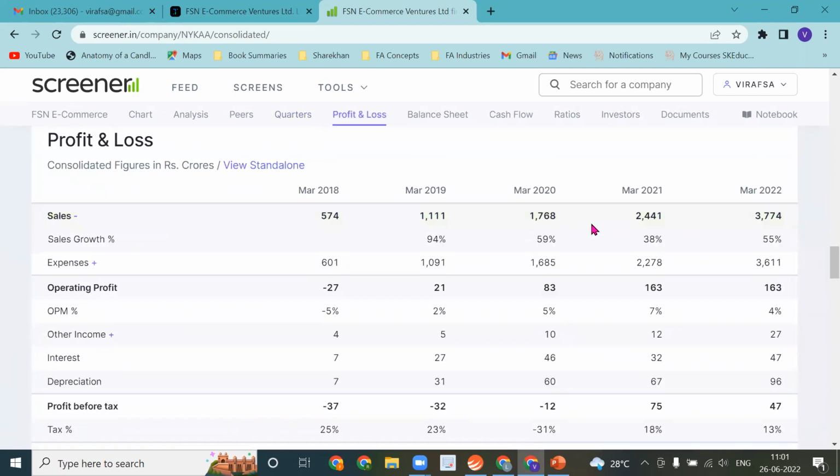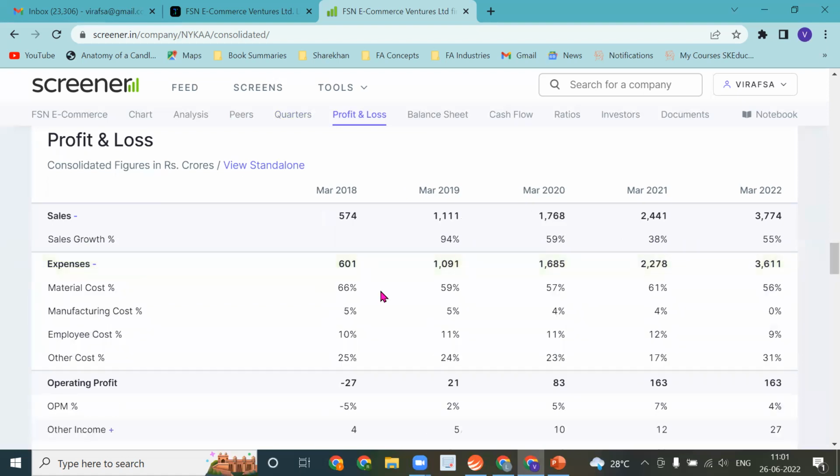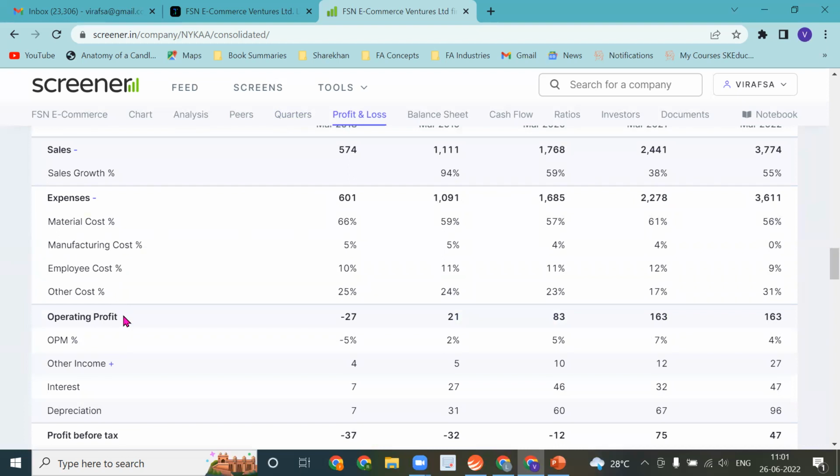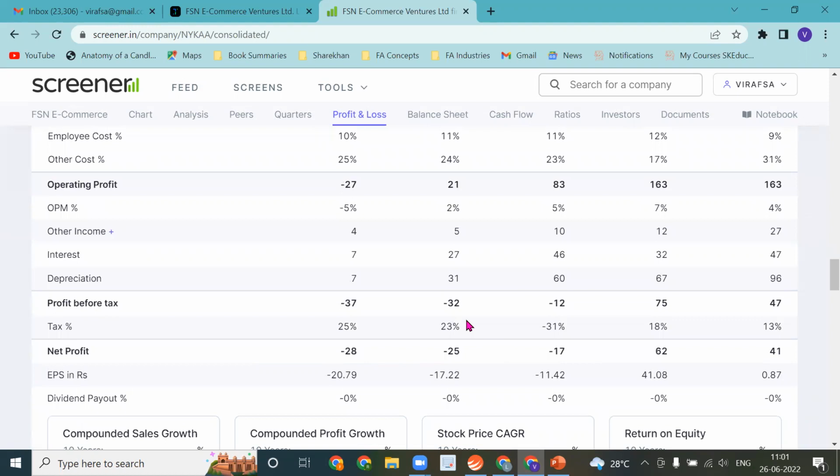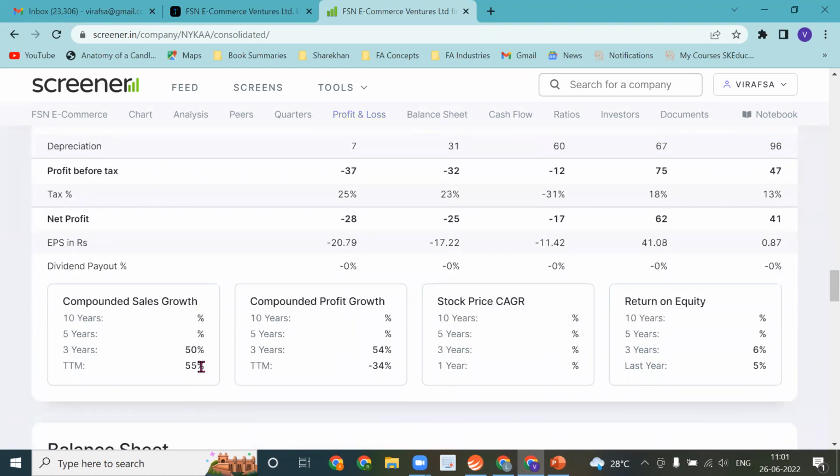Yearly, if you see, sales are increasing. What about my expenses? Expenses also equally increasing. What is my OPM? 4%, 7%, 5%. At this level business always comes into trouble. But people will wait, will buy, and then they will realize, see the 3 years sales are going.